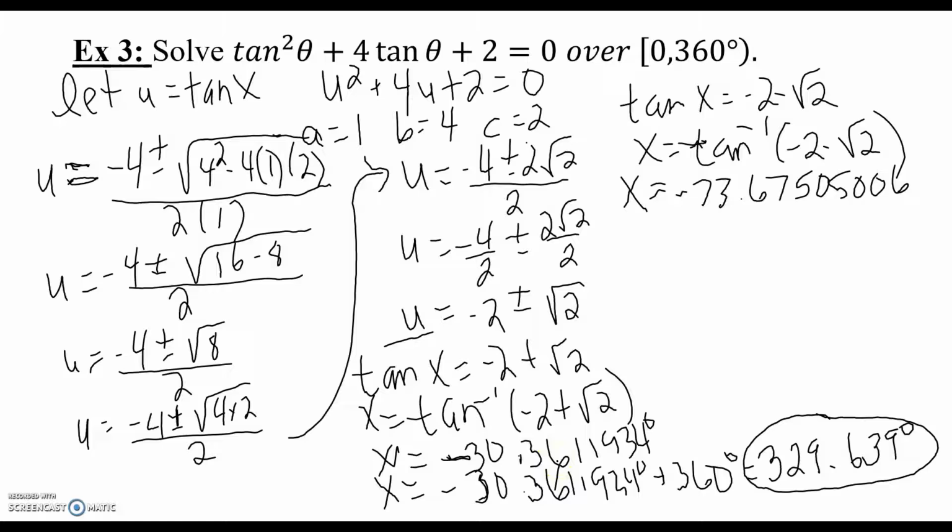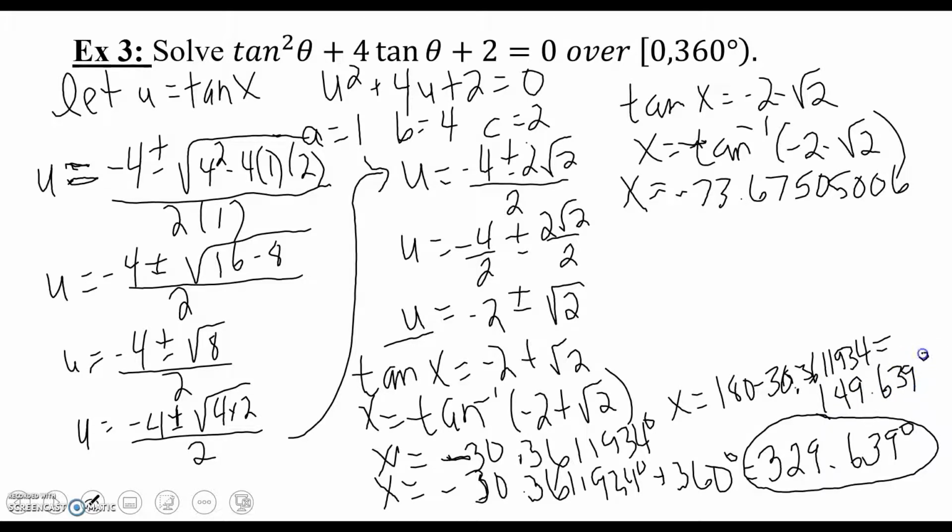So for my second angle down here, I would do 180 minus 30.3611934. And when I subtract that, I get 149 point, if I round it to 3 decimal places, 149.639 degrees.